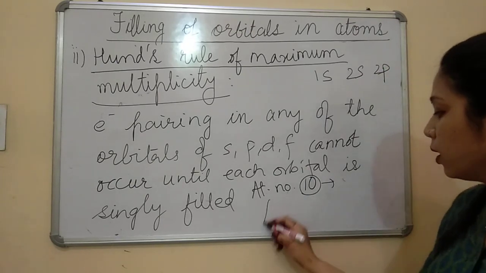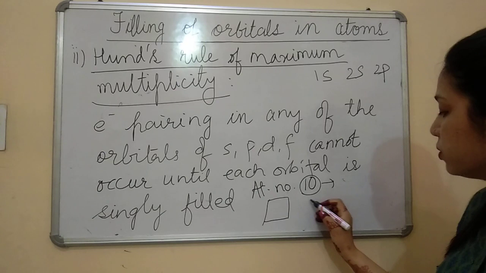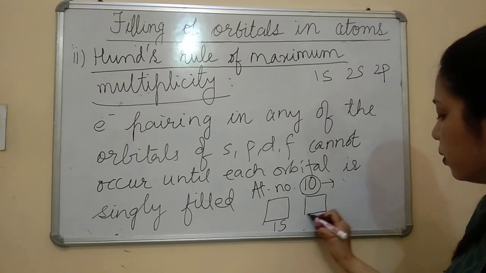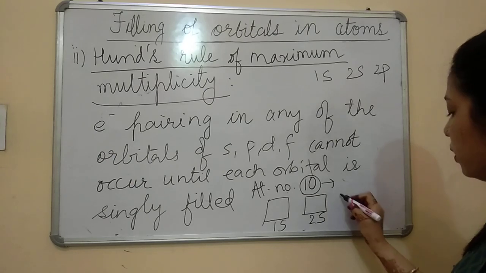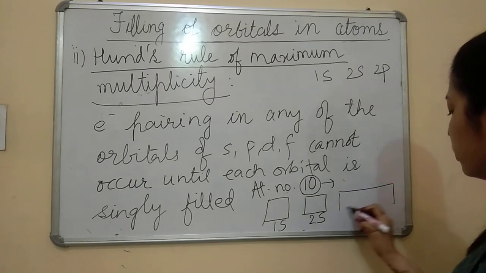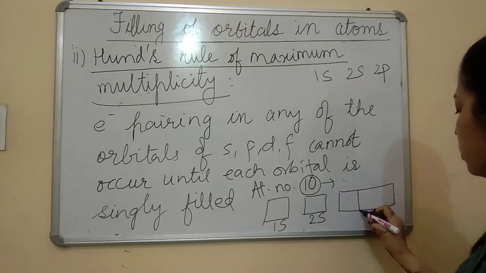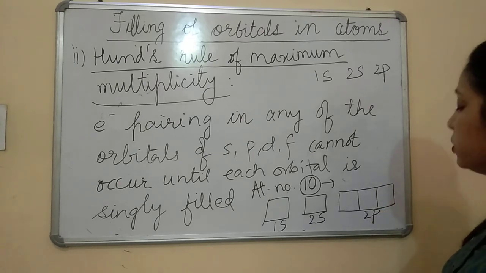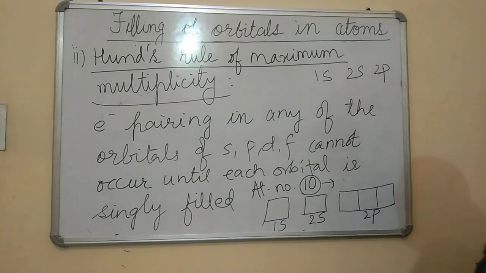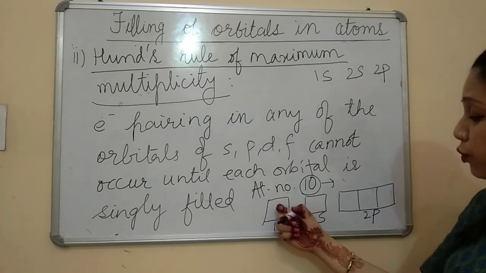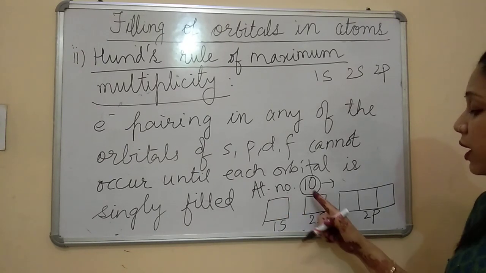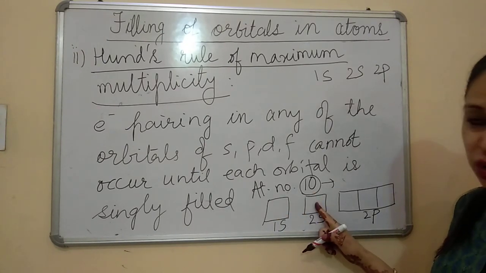So for 10, how am I going to represent this? This is the 1s orbital, this is the 2s orbital, this is 2p. Now we first fill this orbital, and only after filling it can we move to the next higher energy orbital.